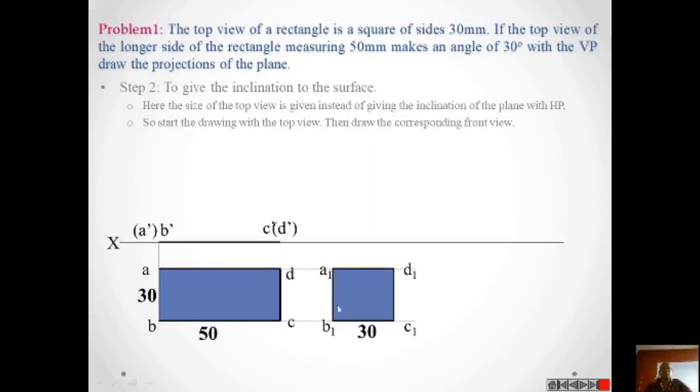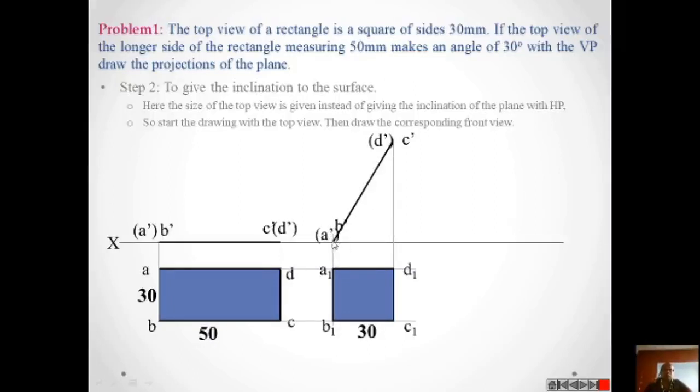Now how to get this rectangle here? Previously we have drawn projections from top view to front view. Now reverse here. You draw this projection and this projection.